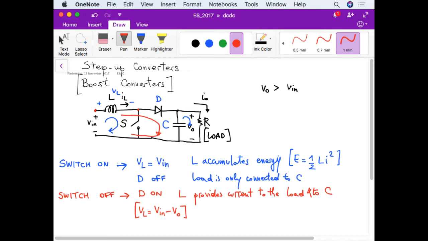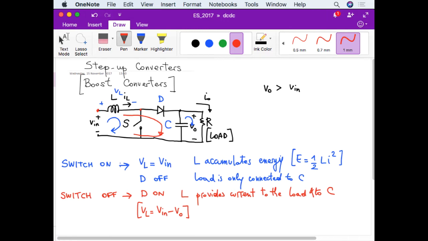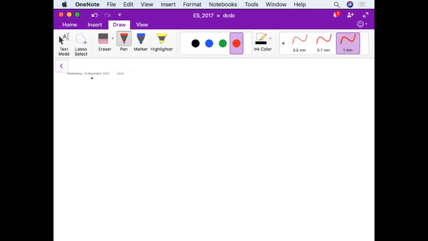We would like to understand what is the impact of these various components on the voltage ratio, on the ratio of the output voltage to the input voltage, and also on the behavior of the overall circuit. So let's do it a bit more qualitatively.